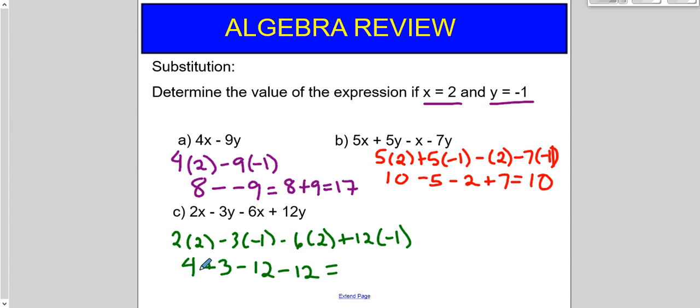Okay, so 4 plus 3 is 7. 7 minus 12 is -5. -5 minus 12, which is going to give me a -17. Okay, so it's just about putting it into the appropriate spots. And of course, realizing when you have a number, a coefficient, and a variable side by side, it means multiplication.